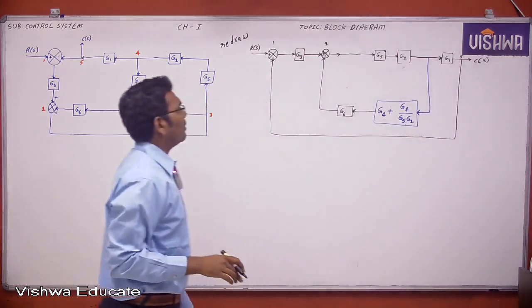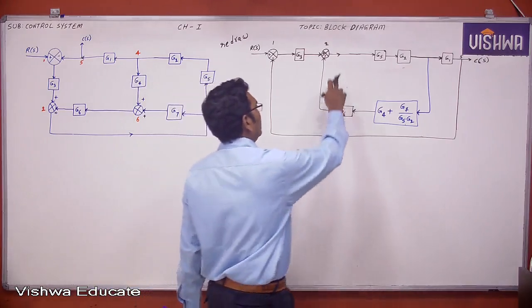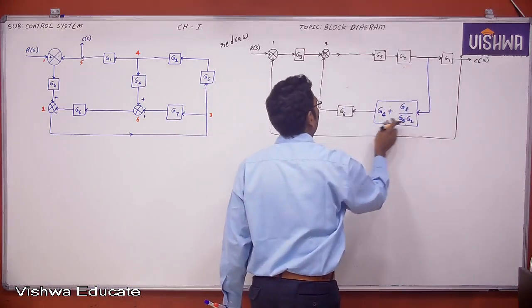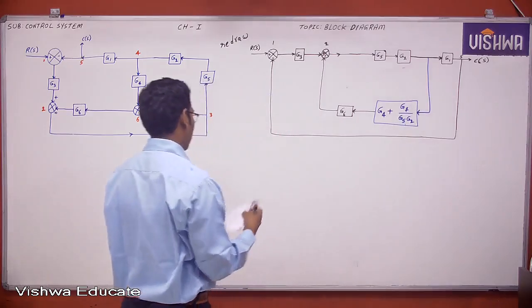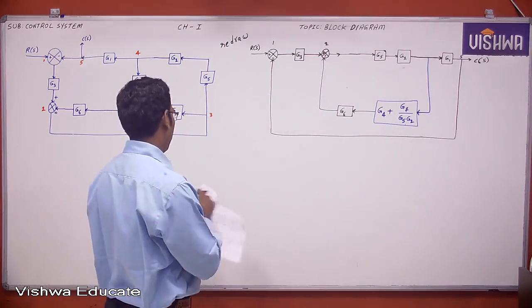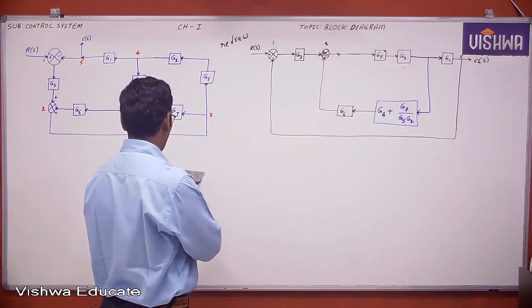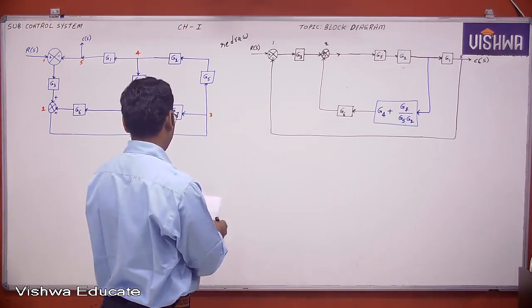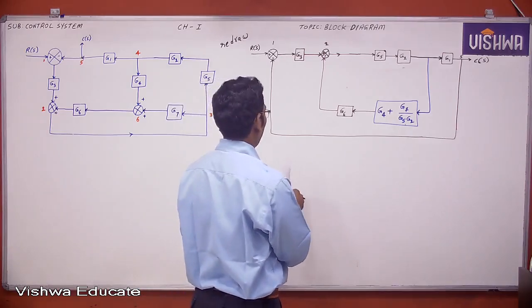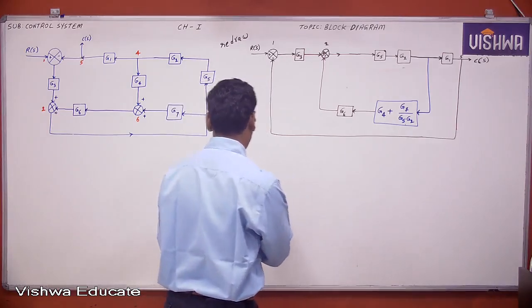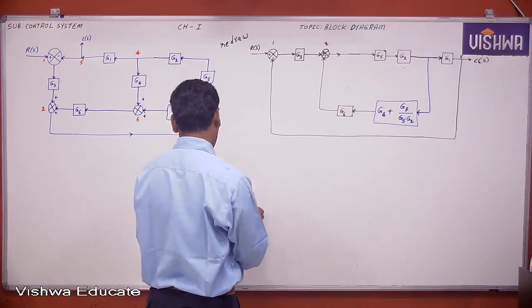Now see what happened now. This is one forward path and this is a feedback path, right? Yes, this is one forward path and next one is some feedback path. So now you concentrate here. This is the forward path.